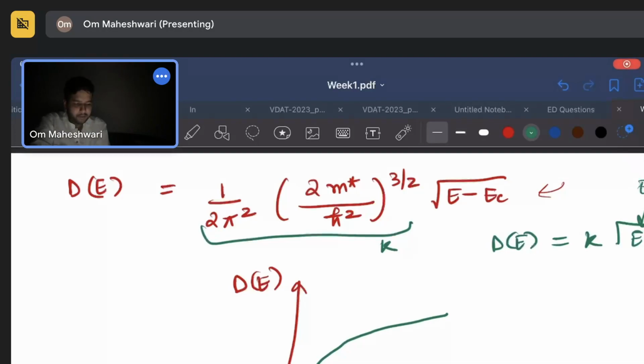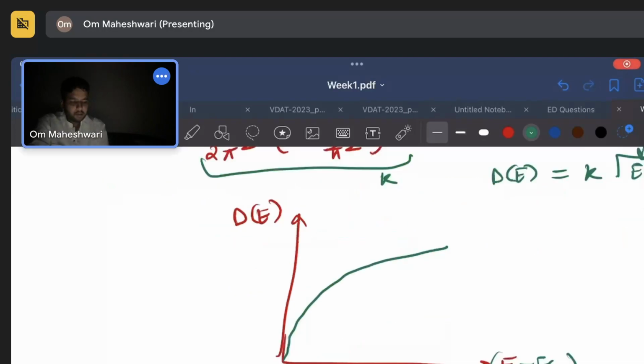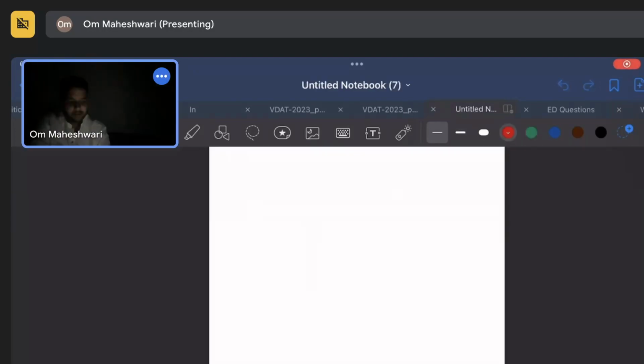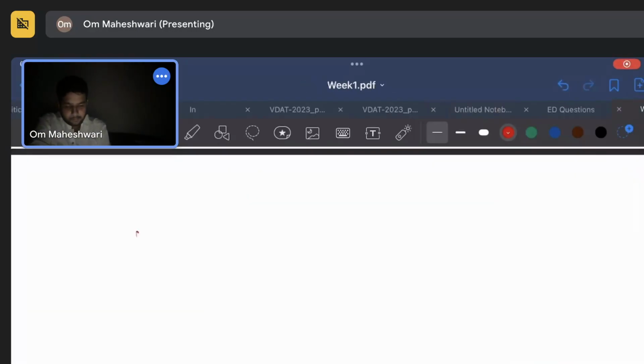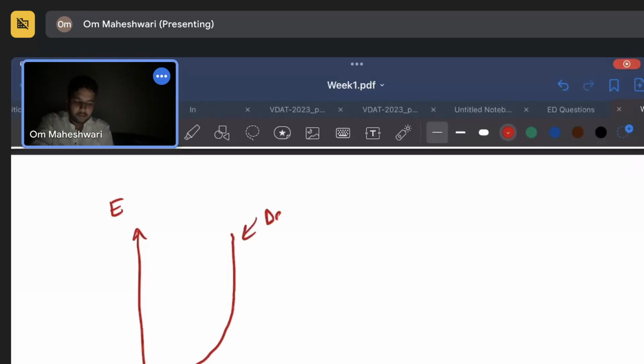I can also draw it like this, from the minimum of the conduction band, EC minimum. If the energy is going up in this direction, the density is increasing, right? It is increasing like this. This is what DOS is.